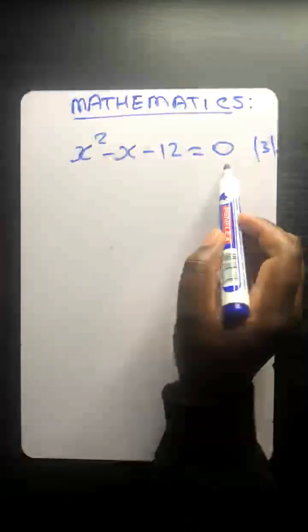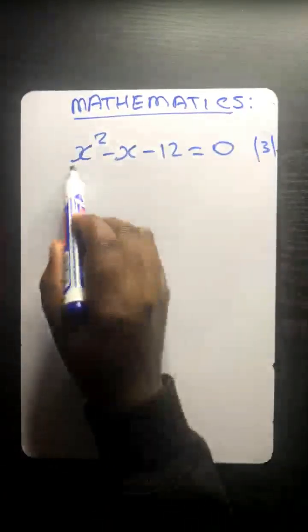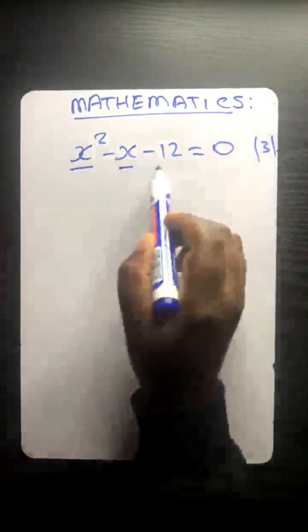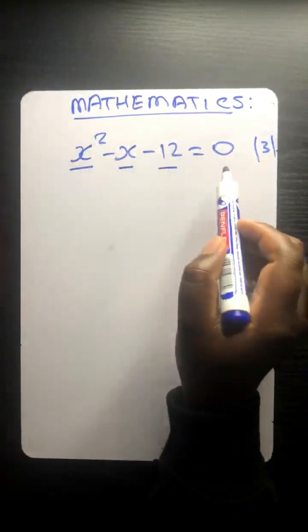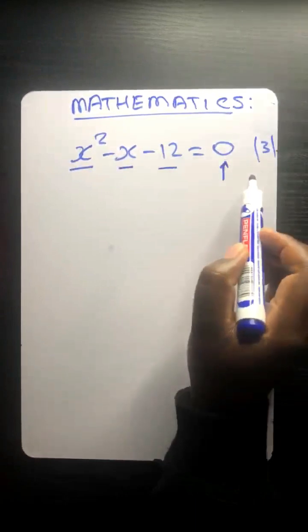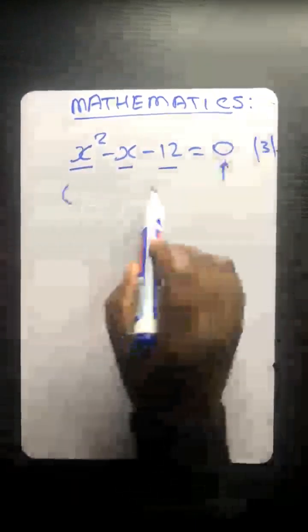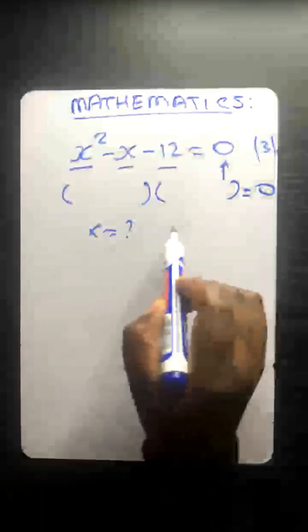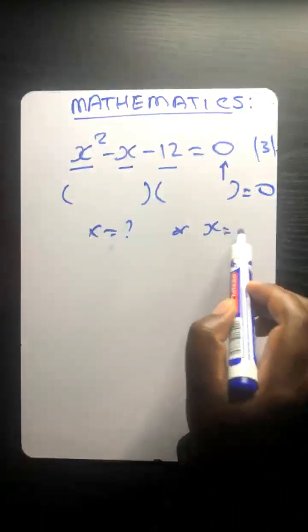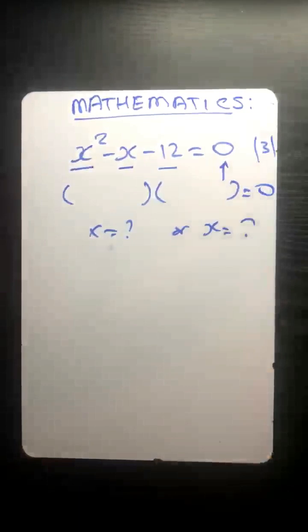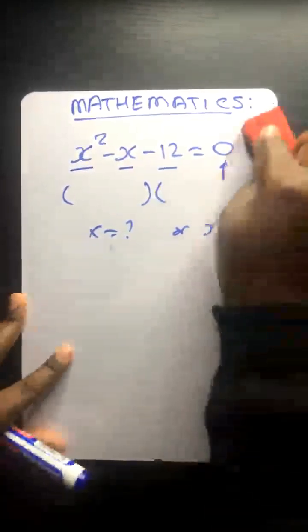So you're just going to say, it's in the standard form. Why? Because it's in that format of ax squared plus bx plus c. Everything is equated to 0. Once everything is equated to 0, that means you can, with confidence, factorize and then give the answers. That's all. Let me just bring 2 more.